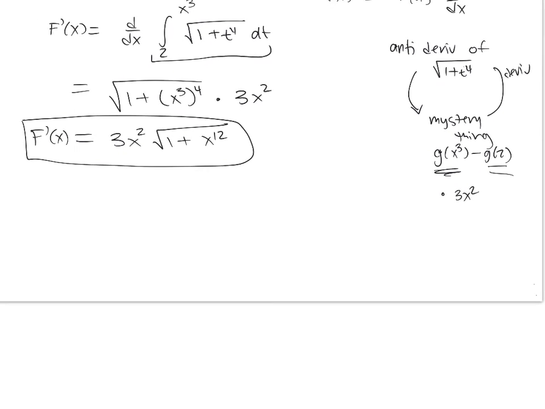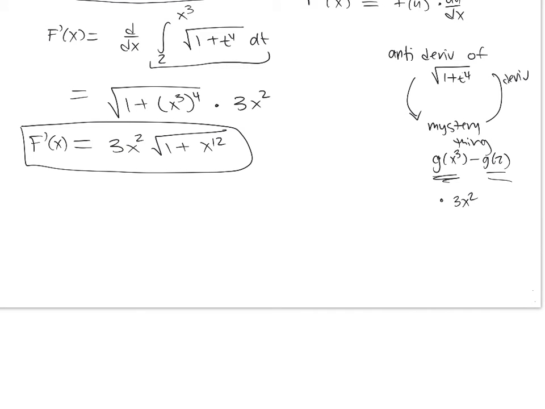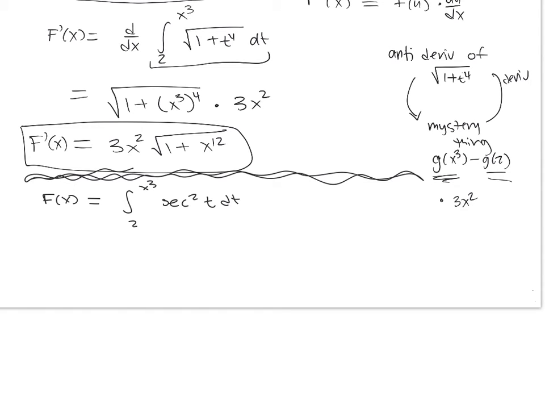Let me show you with an easy function where we can actually do it. If I gave you f of x as the integral from 2 to x cubed of secant squared of t dt, that one you can actually anti-differentiate and see the pattern. But you have to know the pattern so you can use it without relying on this. The question said take the derivatives. F prime is the derivative of this weird thing.